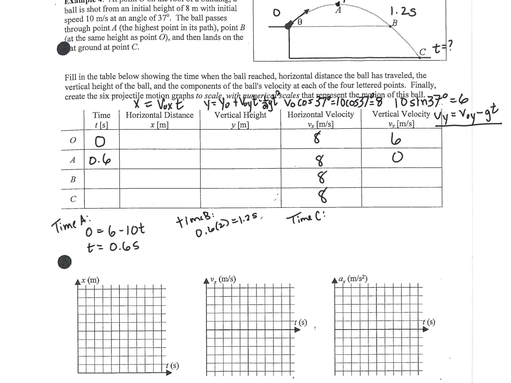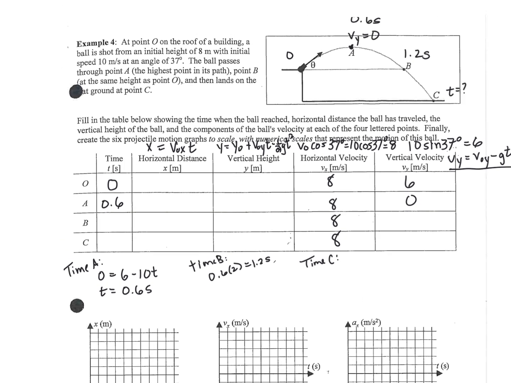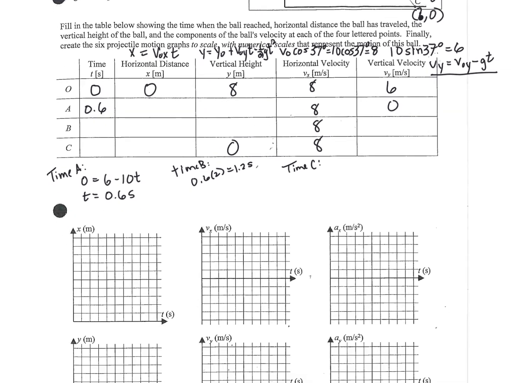What do we know? We know it started at what? Height of 8 meters. So its vertical height was 8. Its horizontal distance is 0. So this is the point (0, 8). But we know this is the point, what? Something, 0. So its vertical height is 0 here. That's what we're going to use to find C.